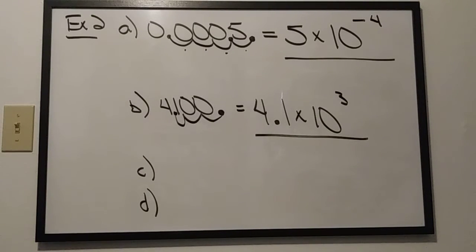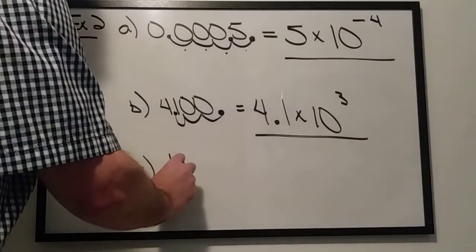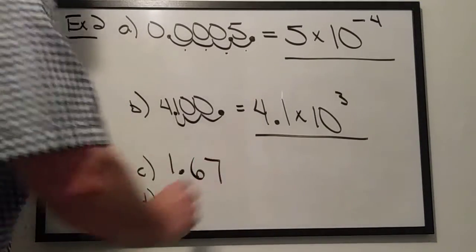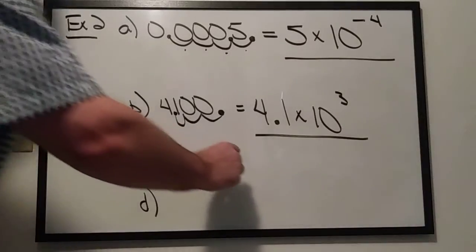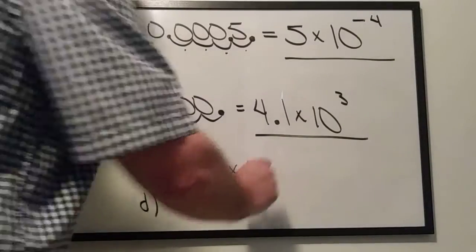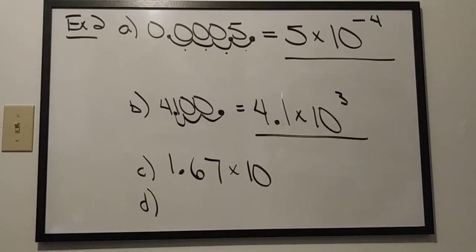So using that same idea, let's go back up to that hydrogen atom from the top of the page. We have all those zeros and then the 1, 6, and 7. So if we swoop over, we're going to find that the number between 1 and 10 is going to be 1.67. And counting out, we're going to find that we had to swoop over 24 times to make that happen.